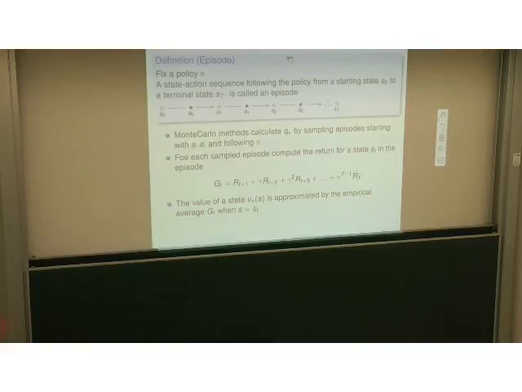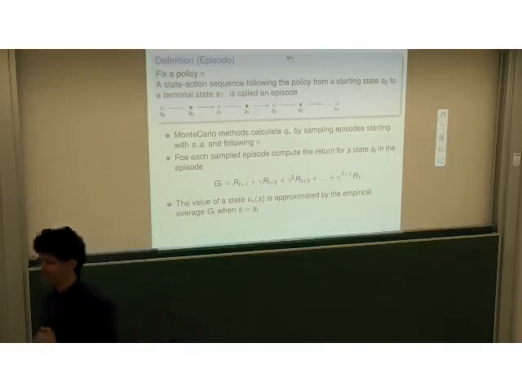You take the empirical average, and that is what you assign as your state value or state action value. Simple. Does this make sense? Will this work? Or why will this work? Even before going to the next slide, is this a meaningful thing to try?